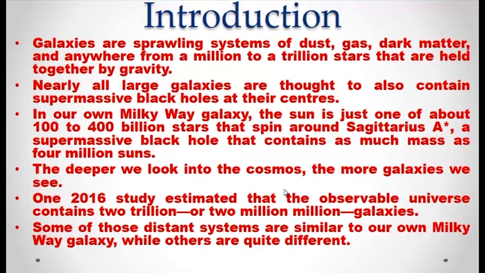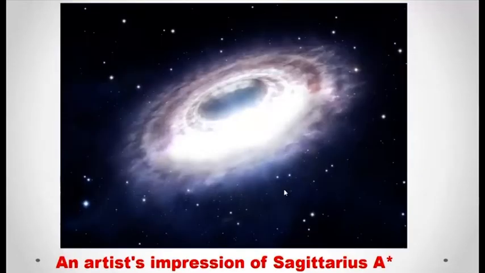You know, there are innumerable non-observable universes as well. So to humankind, whatever part of the universe is observable, that much part contains 2 trillion galaxies. Some of those distant systems are similar to our own Milky Way galaxy, while others are quite different.